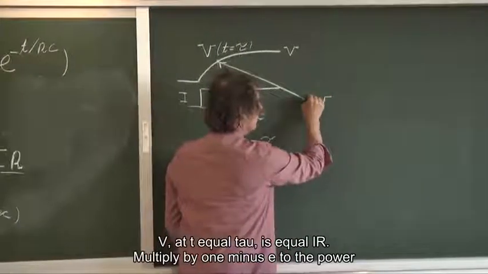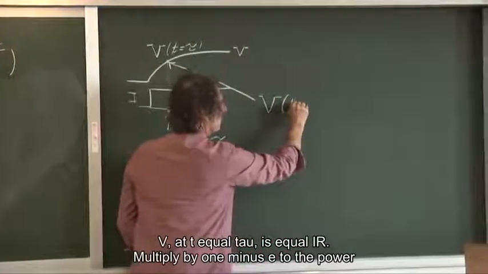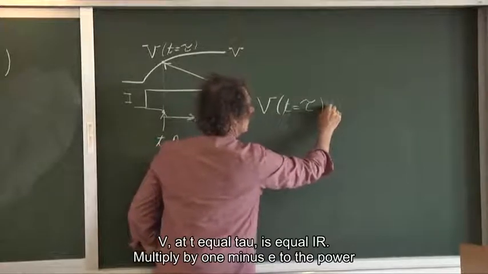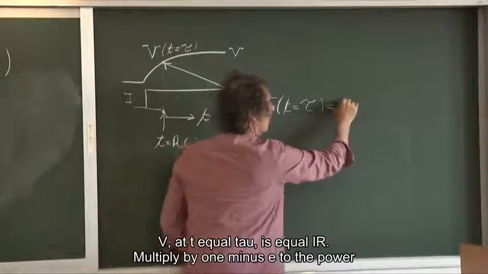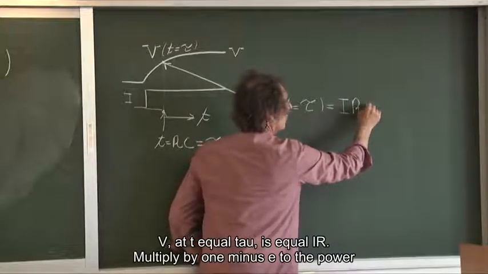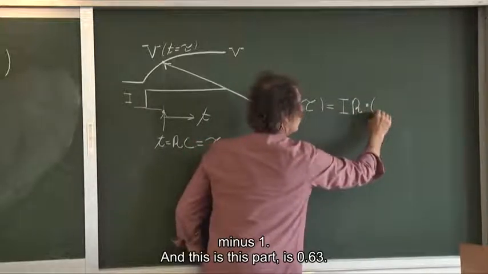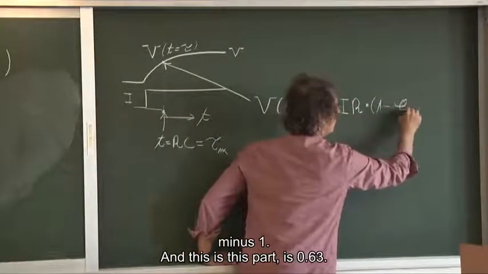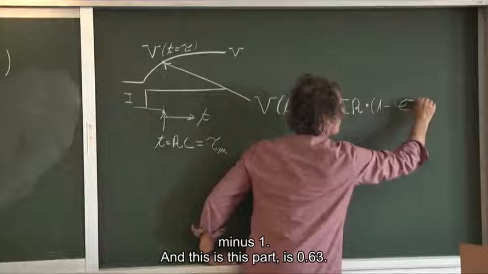V at t equal tau is equal IR multiplied by 1 minus e to the -1.